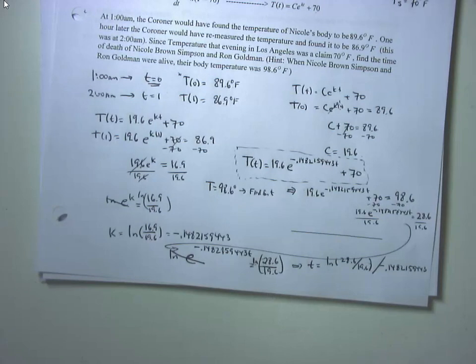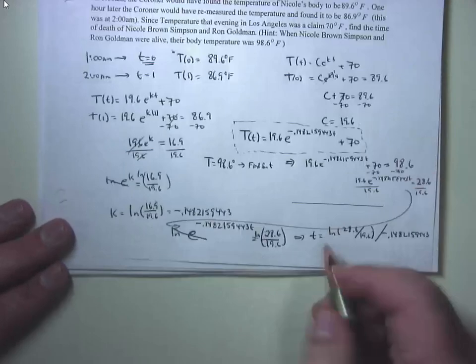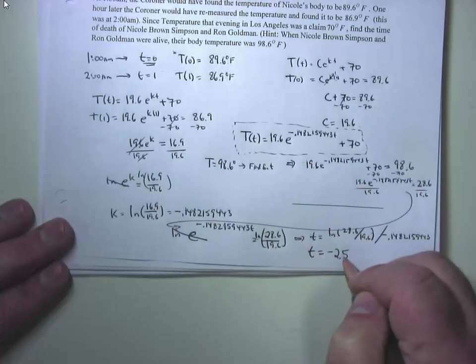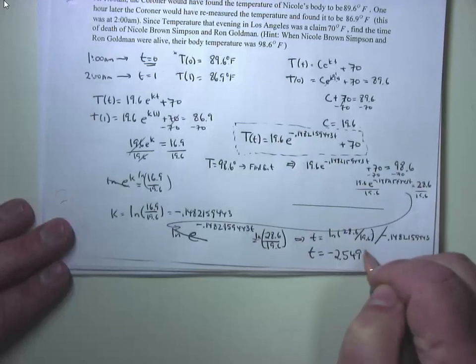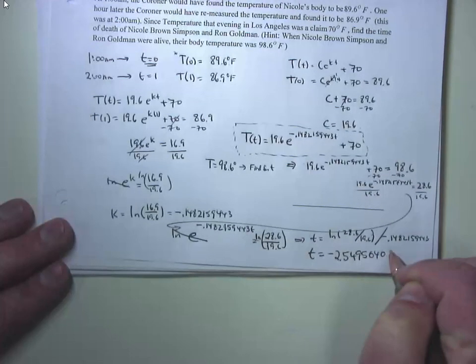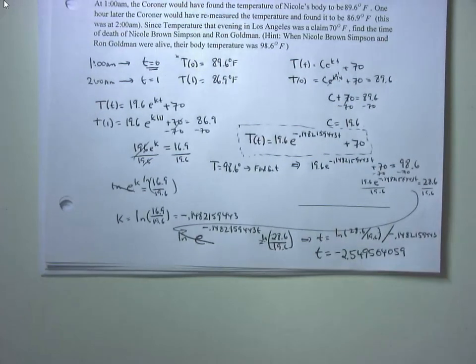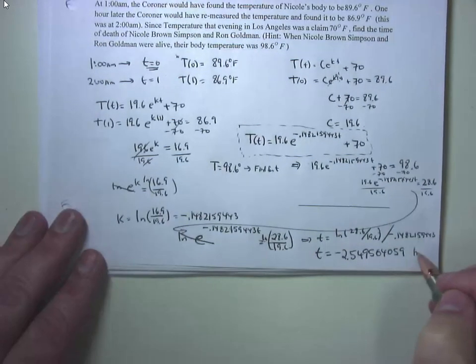Natural log of 28.6 divided by 19.6, divided by that, I got t to be equal to negative 2.549504059 hours. Okay. Great.